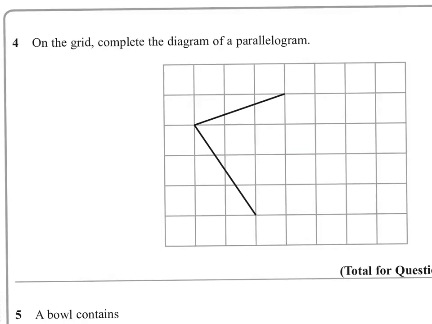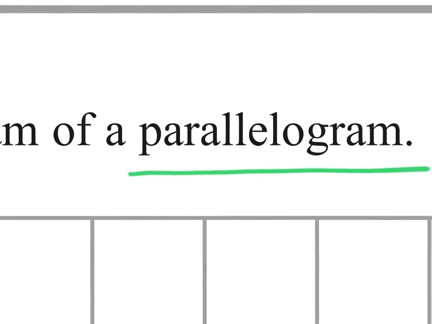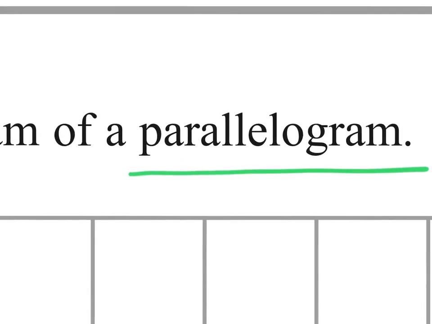Question 4. On the grid, complete the diagram of a parallelogram. Now, the way I remember a parallelogram is that it has 2 L's that, for me, are parallel. Okay, so it's got opposite pairs of parallel sides.